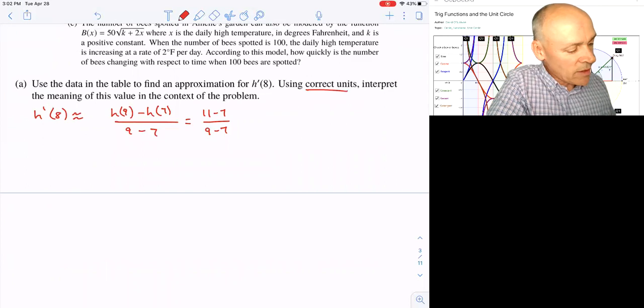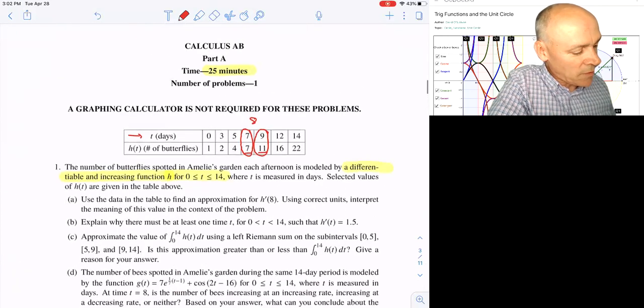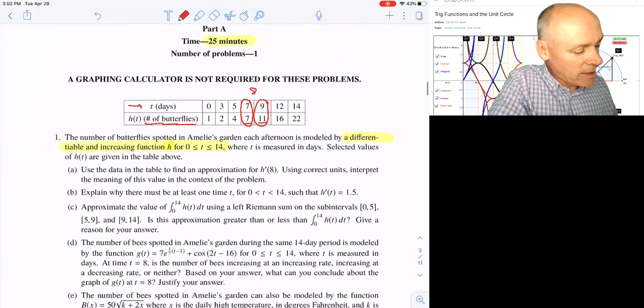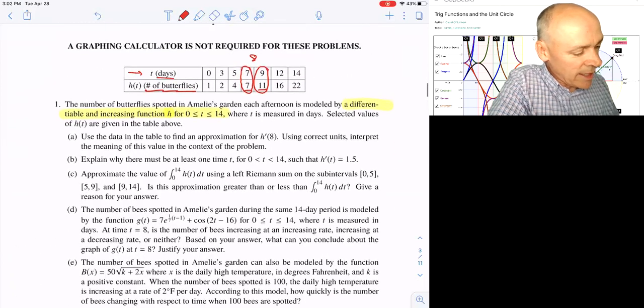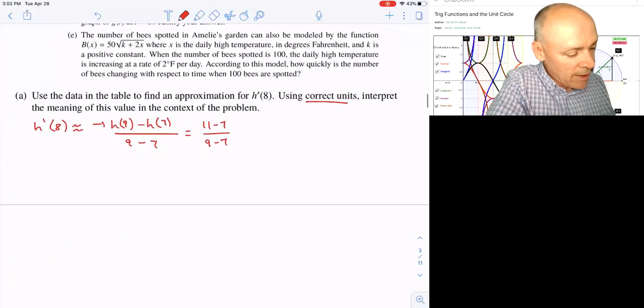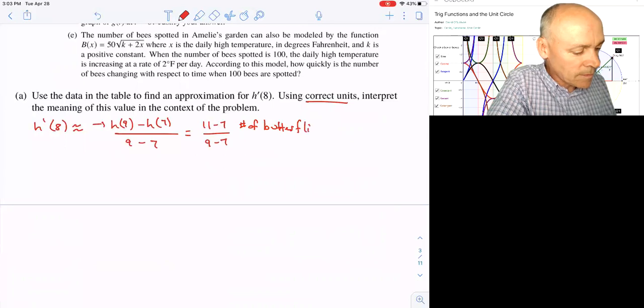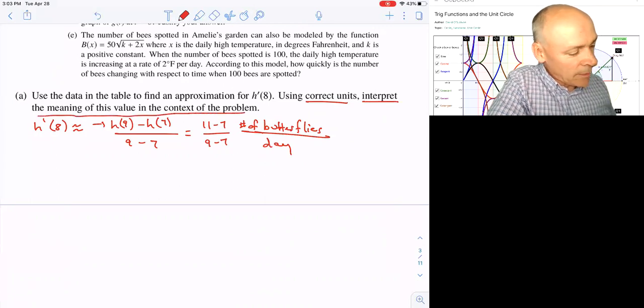And my units: the row that gives me my H values is number of butterflies, and T is in days. So that is going to be the number of butterflies per day.